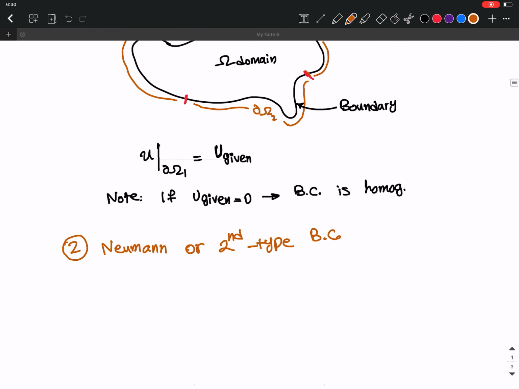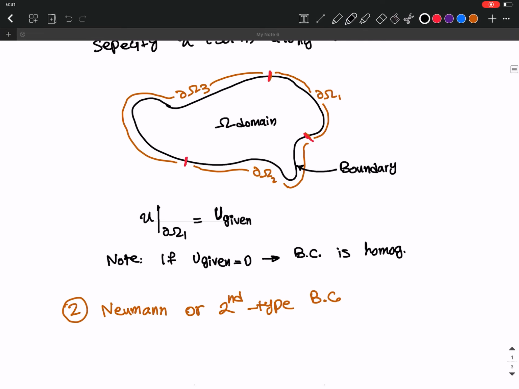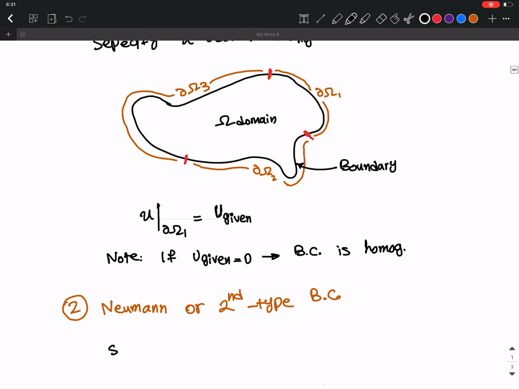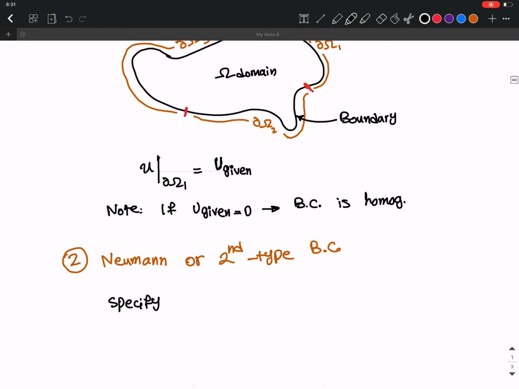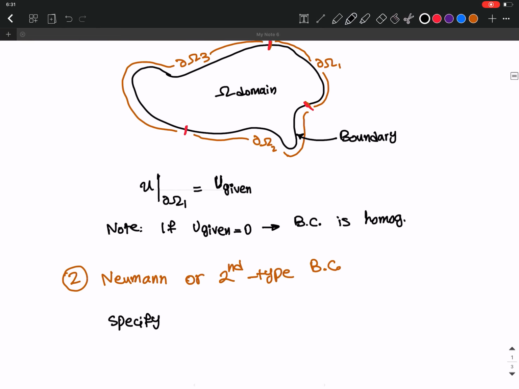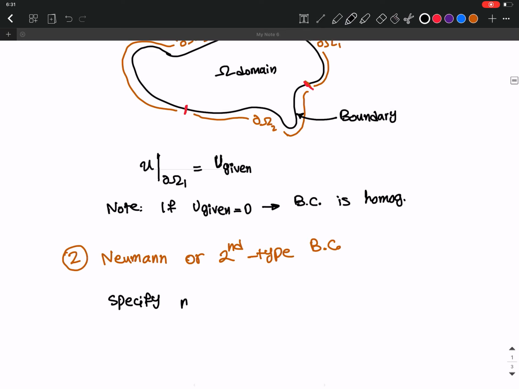And for Neumann, what we do is, instead of u itself, we specify its derivative. We specify the normal derivative at a given boundary, or at a specified boundary location. So normal to the boundary.